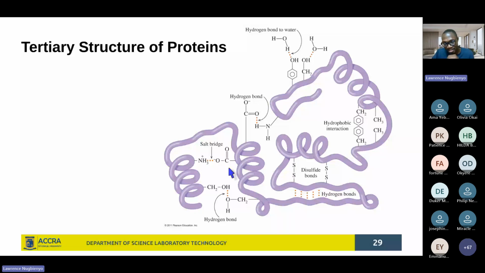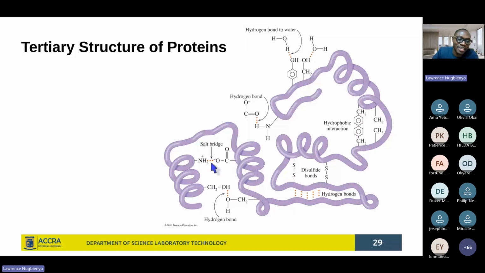It's more or less like ionic bonding, but it's coming from zwitterions, so that's why it's being referred to as a salt bridge. It's not a real salt that is being formed.